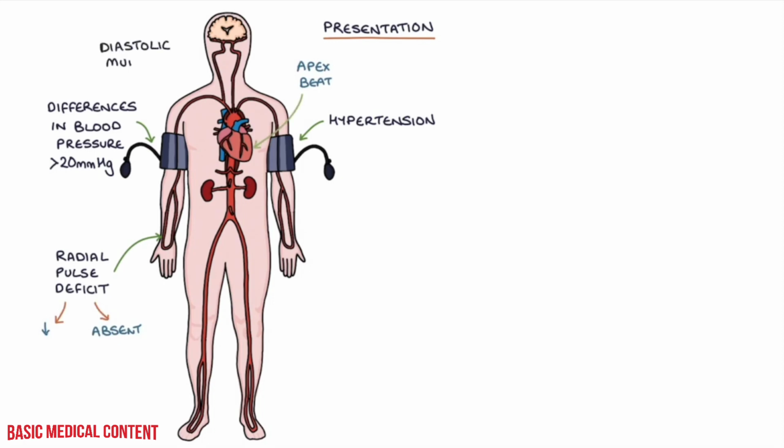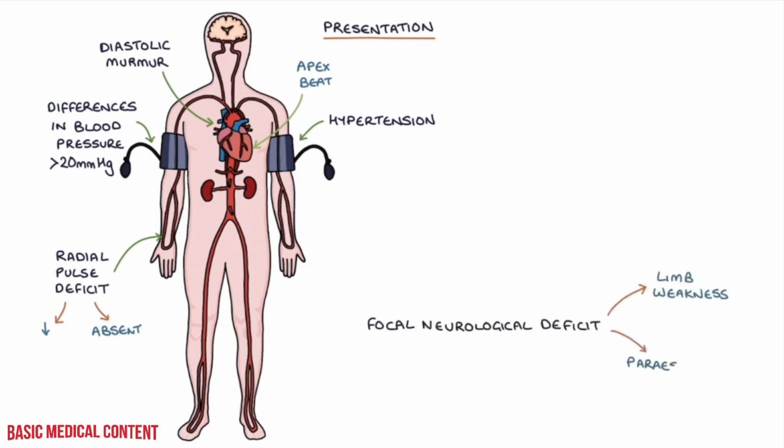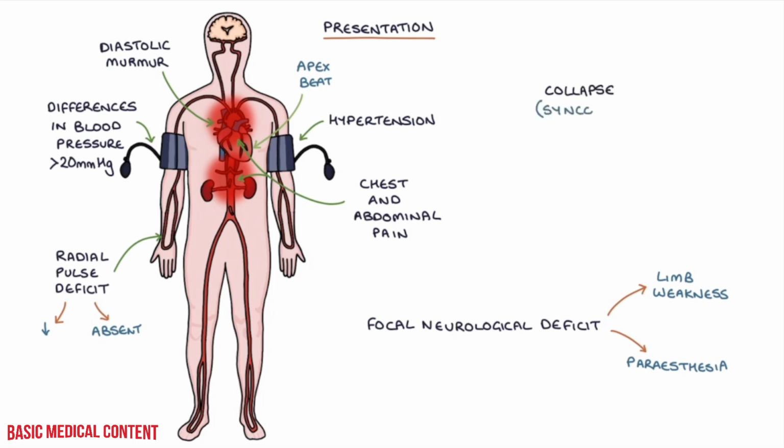A diastolic murmur, focal neurological deficits, for example, limb weakness or paresthesia, chest and abdominal pain occurring together, collapse, which is also called syncope, and hypotension or a low blood pressure, which is a late sign as the dissection progresses.